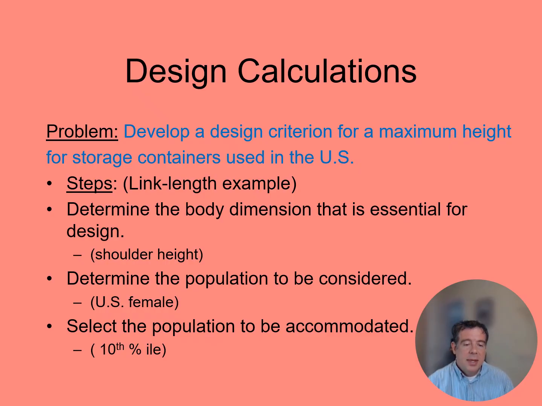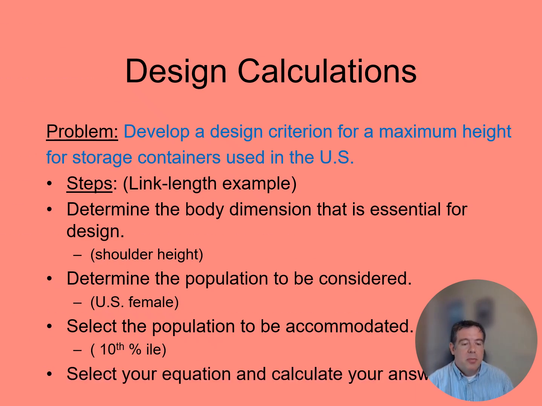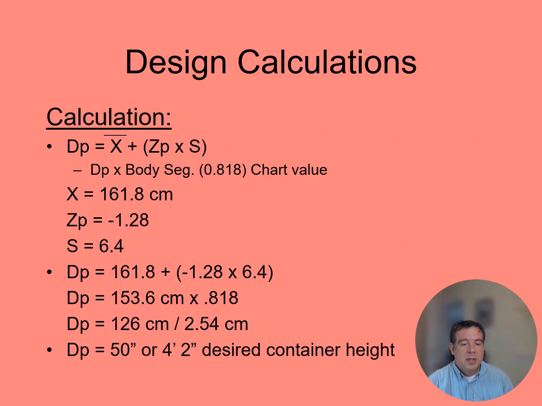So you could usually decide on this percentile. General guidelines is 5th and 95th percentile. Sometimes if you want a little broader for the smallest reach, we use 10. And so these are the calculations for that reach for the person's height at 4'2".